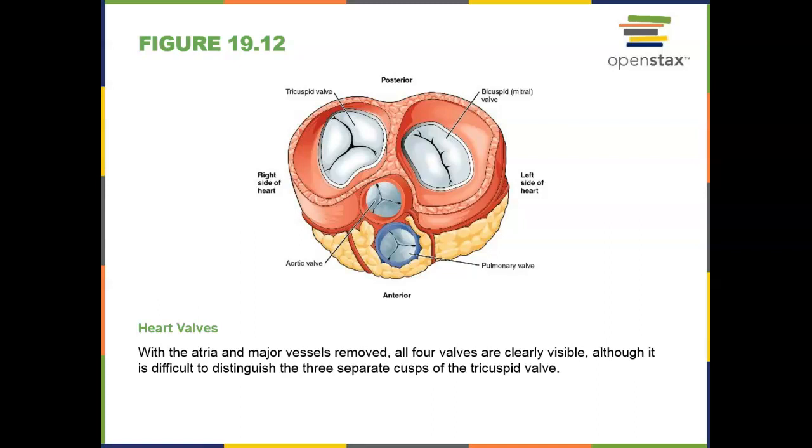The tricuspid valve separates the right atrium from the right ventricle. The bicuspid valve, also known as your mitral valve, separates the left atrium from the left ventricle. The pulmonary semilunar valve separates the right ventricle from pulmonary circulation, and then the aortic semilunar valve separates the left ventricle from systemic circulation.